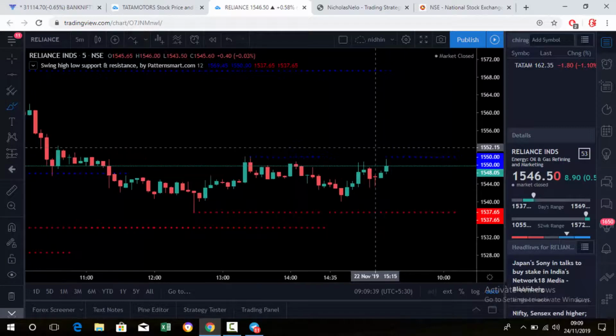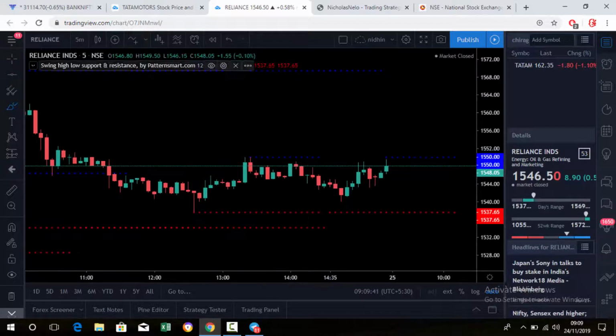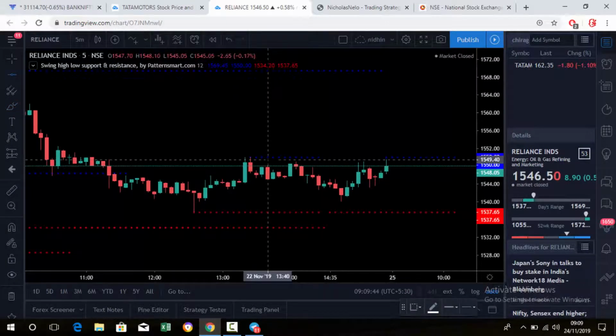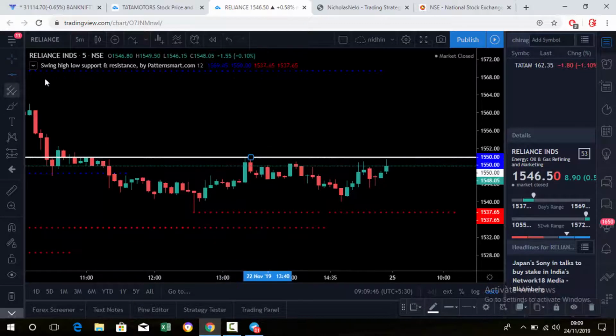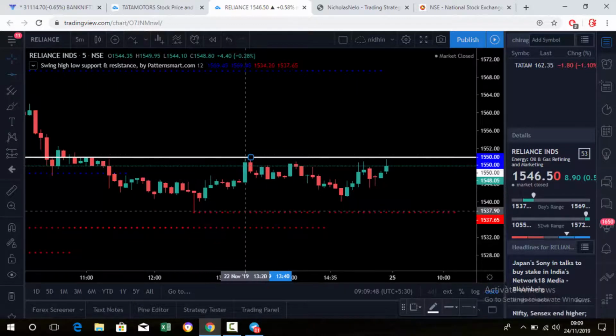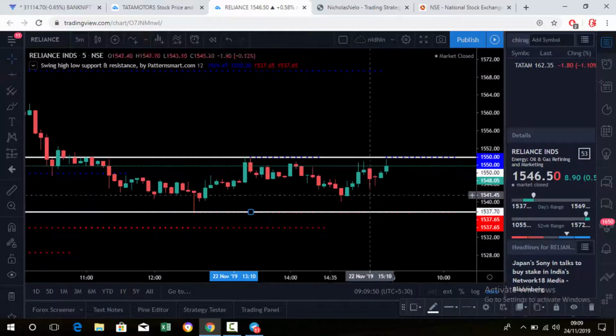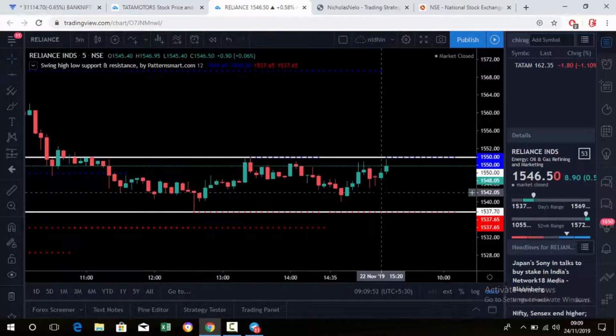See, you will get the swing levels, just mark them. So it will be easy for you the next day, and just wait for the breakout. Based on this you can trade easily. This tool is very useful for those who didn't know how to draw recent swing high and low.